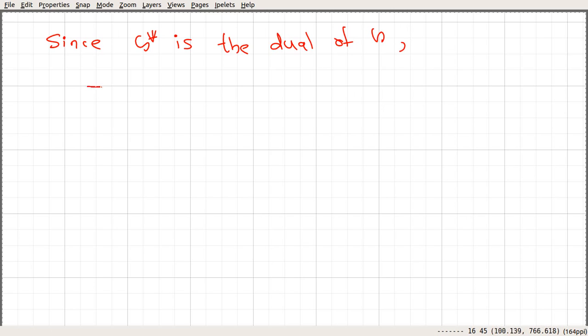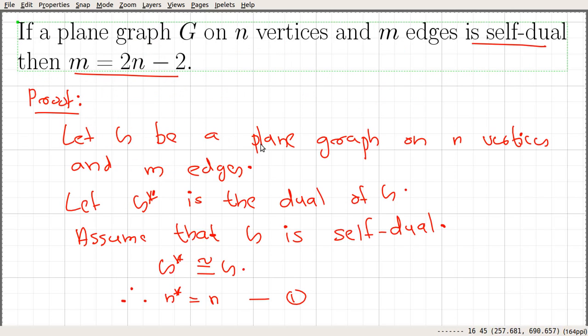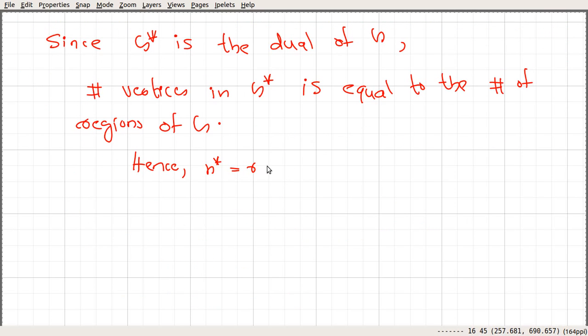Hence we have n star equal to R, and by 1 that is equal to n. Let's call this 2.